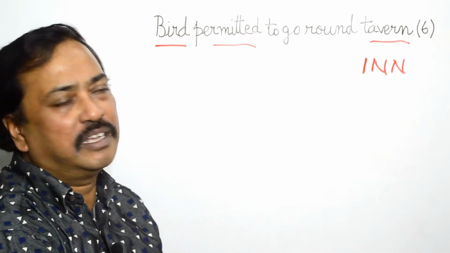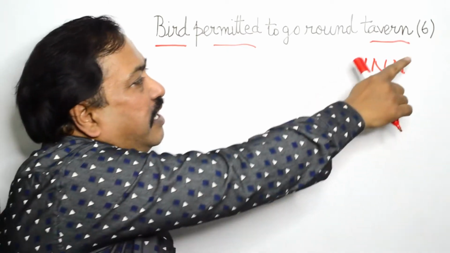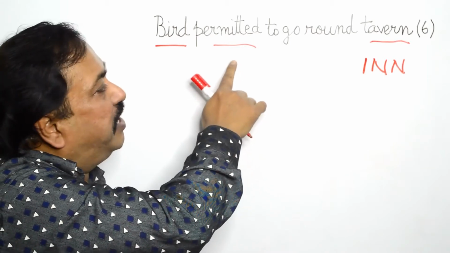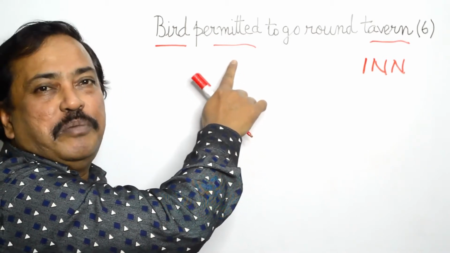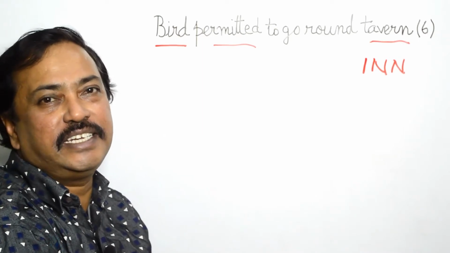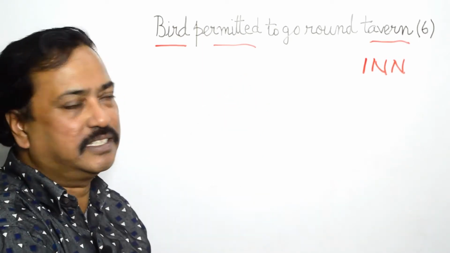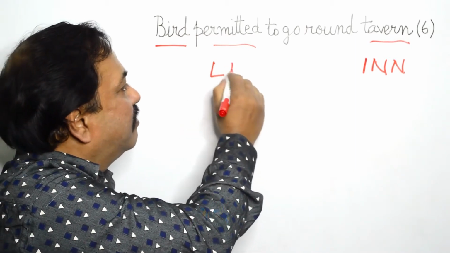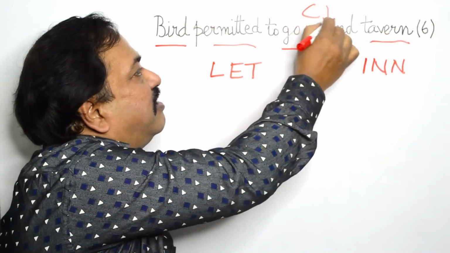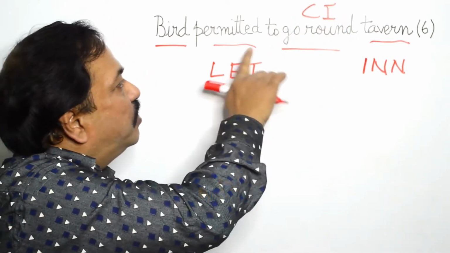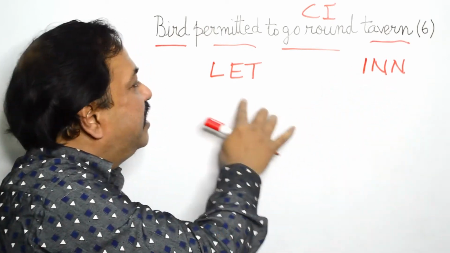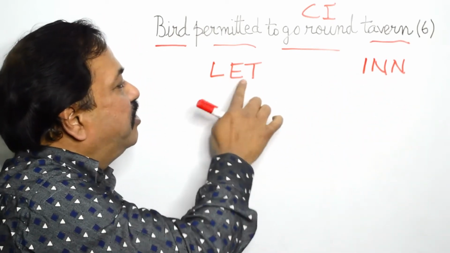So suppose we have here IN, it's asking for a 6-letter word. So we have to think of a 3-letter word for permitted. And there's a word LET, L-E-T, which is also in the past tense. And this is the container indicator. So it will go round this. So the whole IN will be inside LET, somewhere here or here.